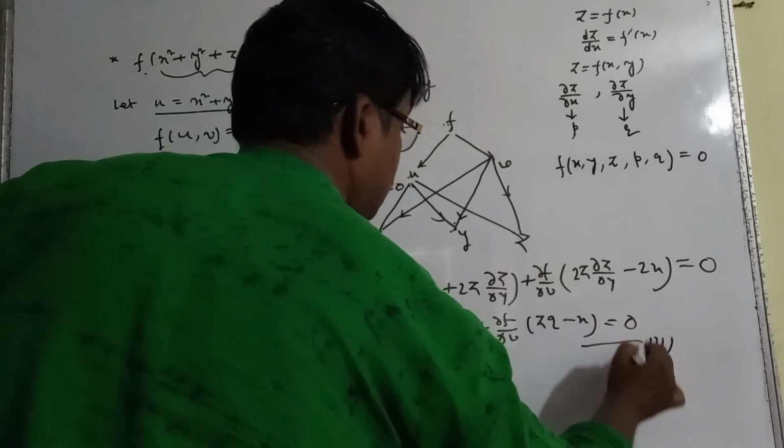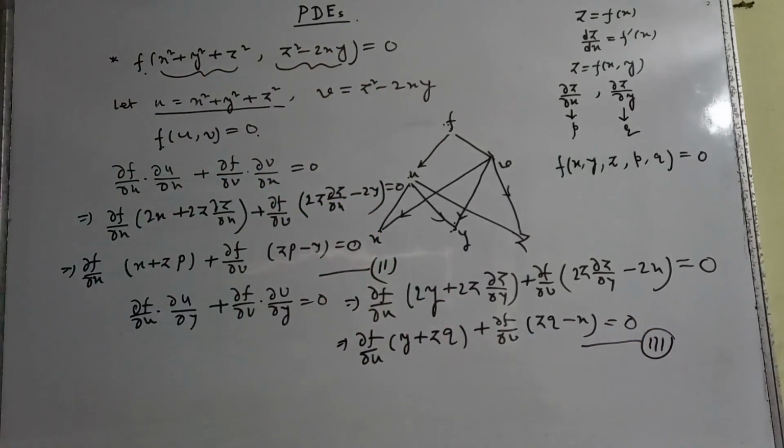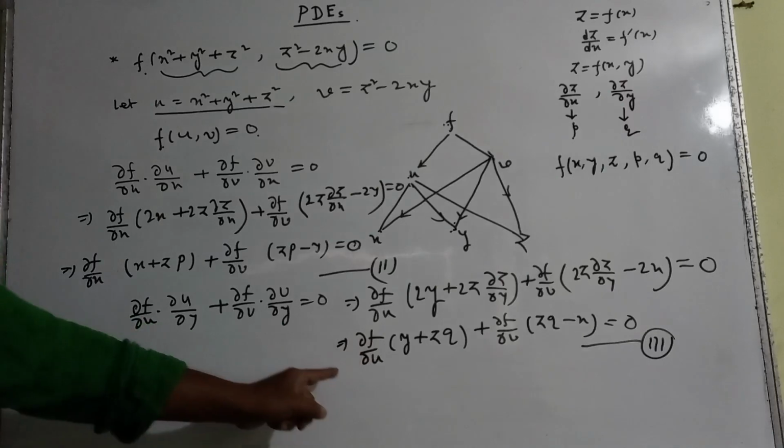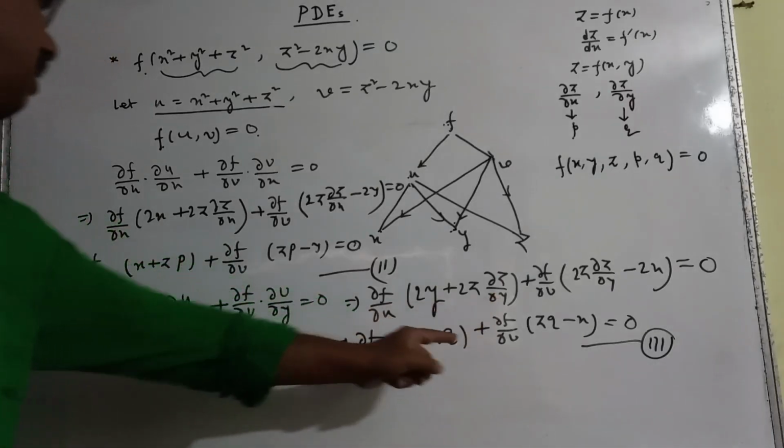Number 3. Now we have to eliminate f. Now we can divide this by this. Then this will be cancelled and this will be cancelled.